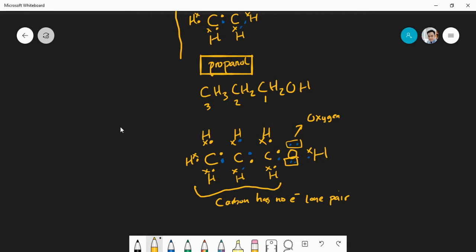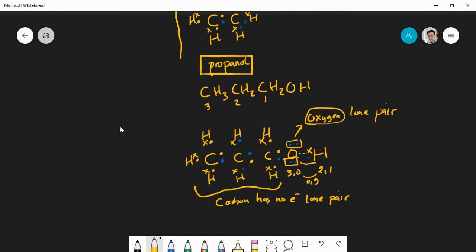And if you consider oxygen and hydrogen, the difference in electronegativity is also quite huge. It's 2.1, and oxygen is, I think, 3.0. Yeah, 3.0. So this is 0.9. So there will be polarity in here because oxygen also has a lone pair, and the electronegativity difference is more than 0.4.